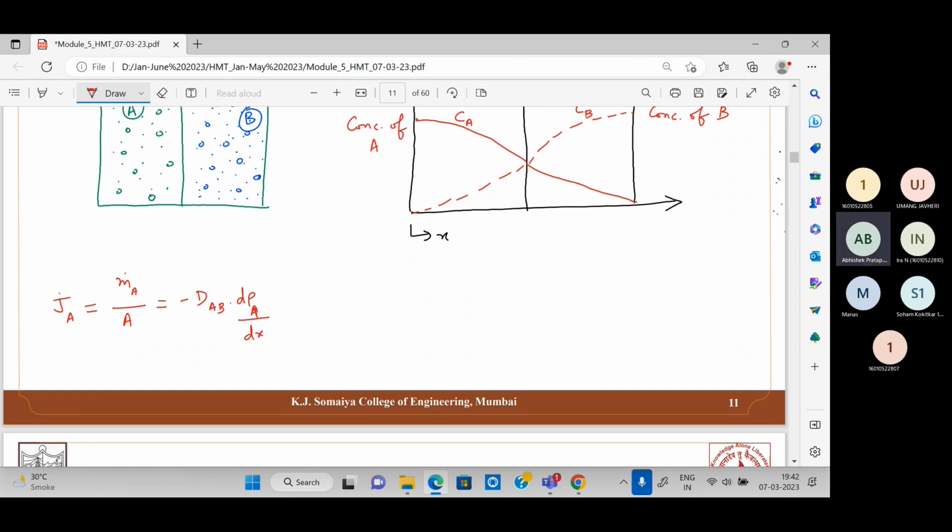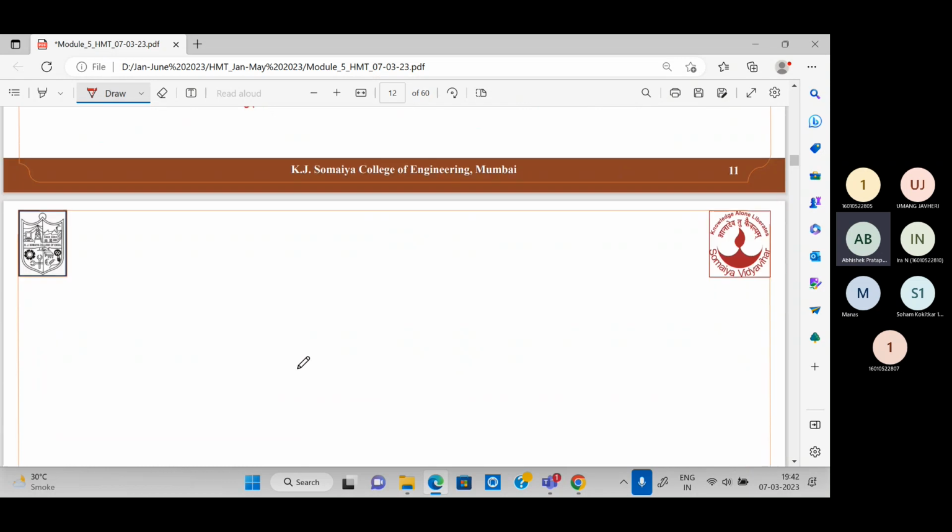Again, I will repeat: according to this, in a gas mixture, the diffusion mass flux of a constituent per unit area is directly proportional to the concentration gradient. So we can express it like this: Ma divided by A is equal to minus DAB d rho A by dx.